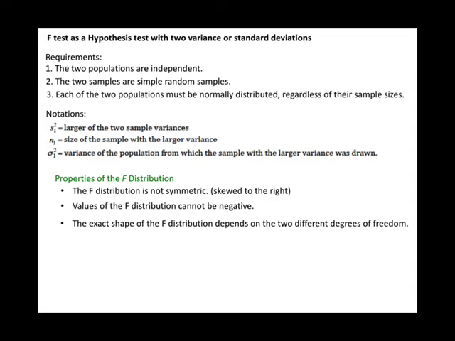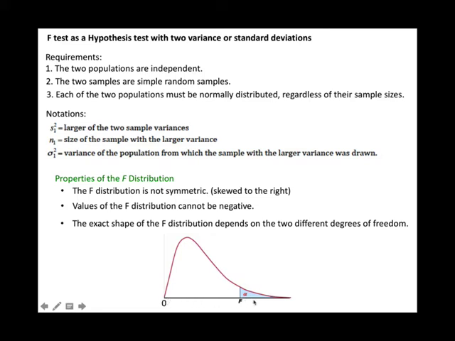And the exact shape of the F distribution depends on two different degrees of freedom. So look at this picture. This is your F distribution. First, skewed to the right means the right tail is longer. It cannot be negative because it starts from 0 and goes 1, 2, 3, 4 and so on.